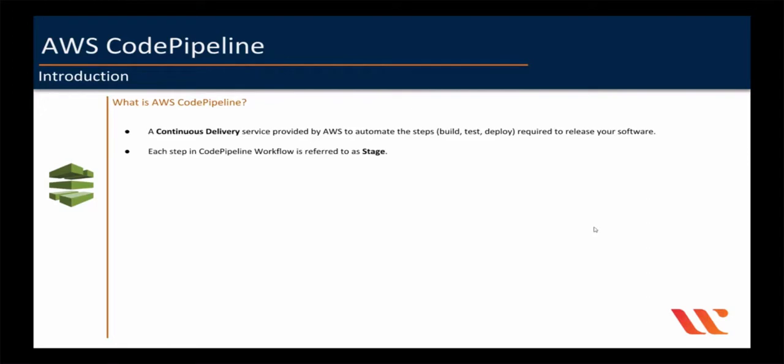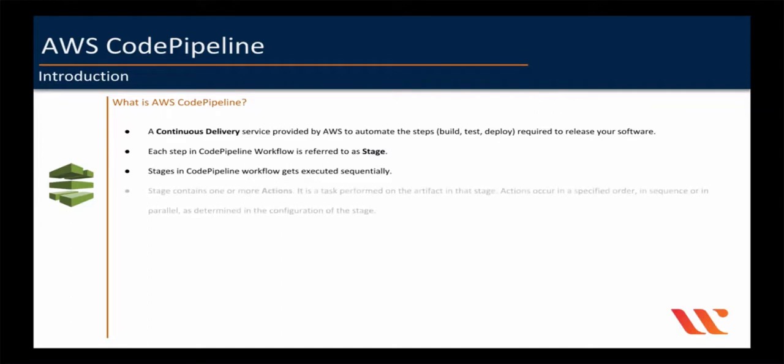For example, build is a stage or deploy is a stage. These stages in a CodePipeline workflow get executed sequentially. So if one stage fails, CodePipeline will not transition to the next stage until the stage has been fixed and retried. Each stage will contain one or more actions.